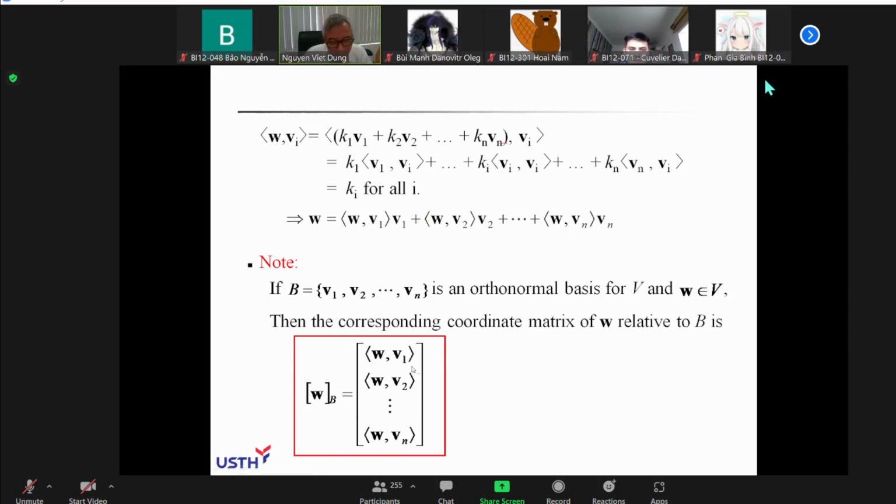The first coordinate will be the inner product of W and V1. The second will be the inner product of W and V2, and so on. And the last one will be the inner product of W and Vn. That is the advantage of an orthonormal basis. It is very easy to find the coordinates of any vector.